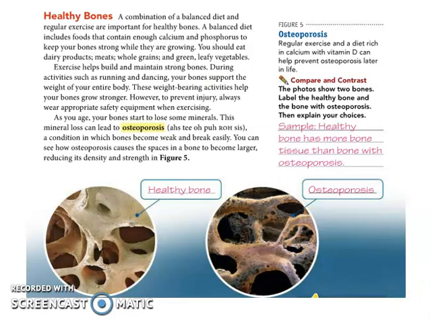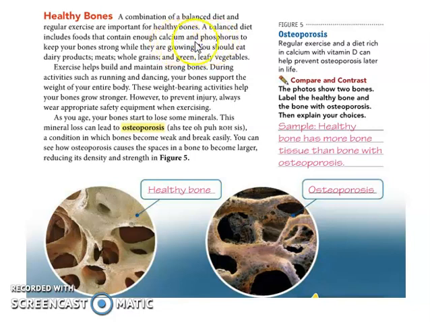Here it says, a balanced diet includes food that contains enough calcium and phosphorus to keep your bones strong while they are growing. What are examples of food that are rich in calcium and phosphorus? You can find calcium and phosphorus in green leafy vegetables.